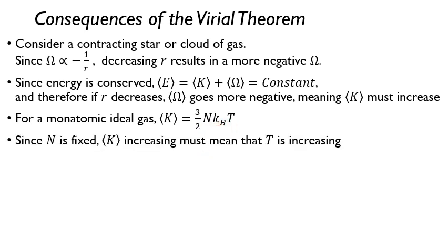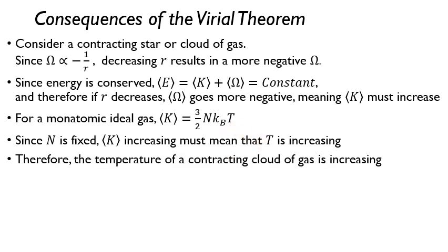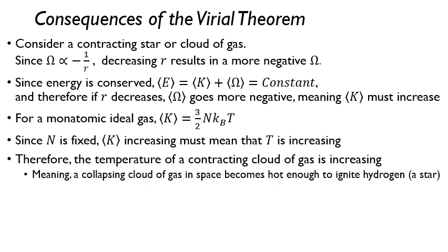And so, keeping in mind that the number of particles in our star or in our cloud of gas is fixed, if your kinetic energy is going to increase, the only way to do that is if the temperature increases. Okay, so that means that when your star or cloud of gas contracts, your radius is smaller, potential energy has to get more negative, therefore the kinetic energy has to increase, therefore the temperature is increasing, and so a contracting cloud of gas increases its temperature.